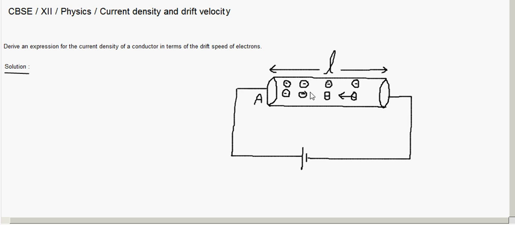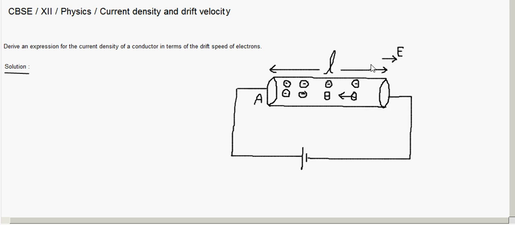The applied electric field E is in the opposite direction. So we are considering a conductor of length L and area of cross section A, and we are applying an electric field E by connecting it to a battery.